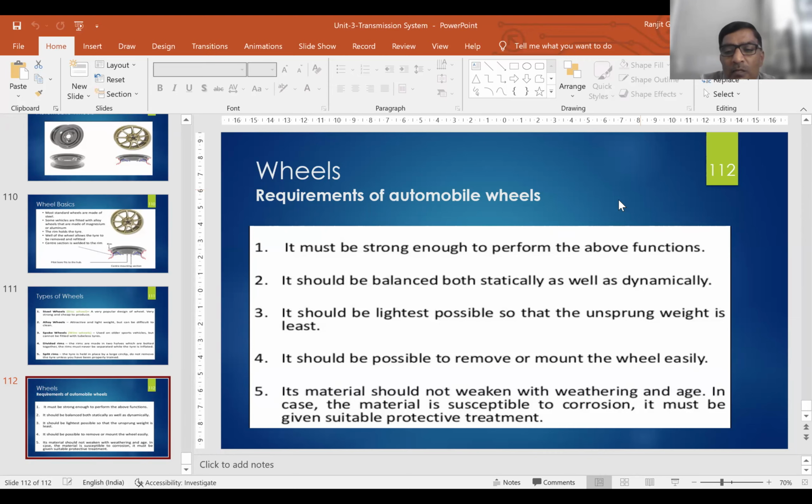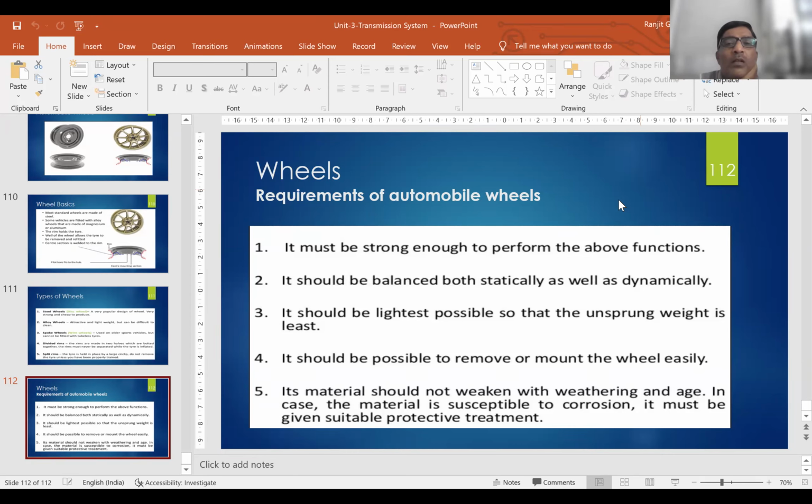The steering given to this wheel is tied with the other wheel using this rod, which is called the tie rod. Here you can see the kingpin, and this is the front axle.